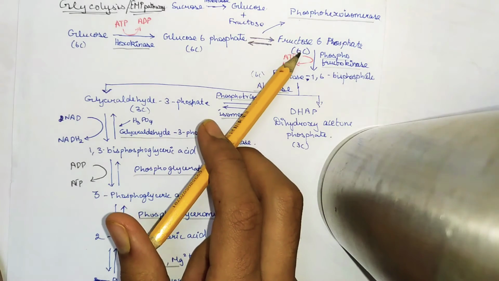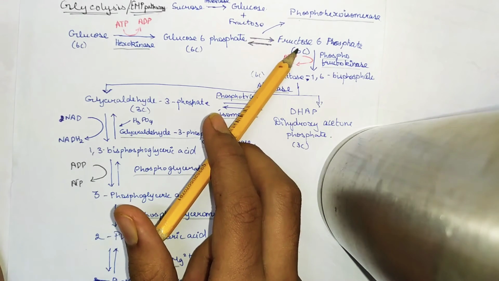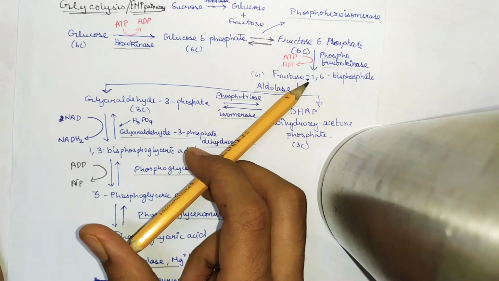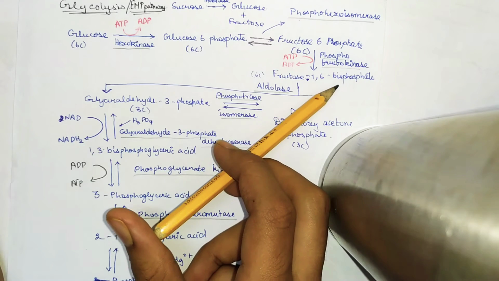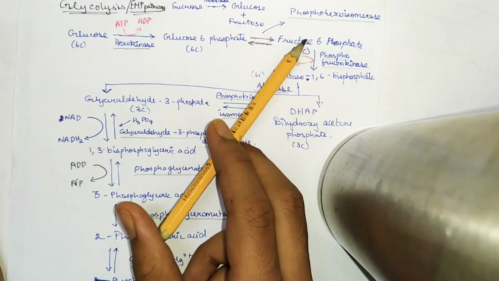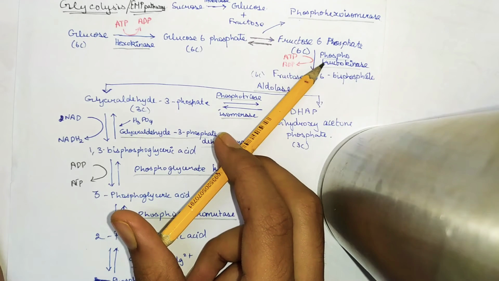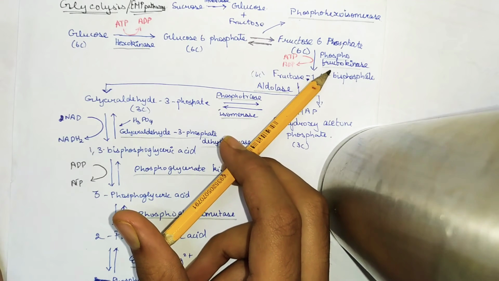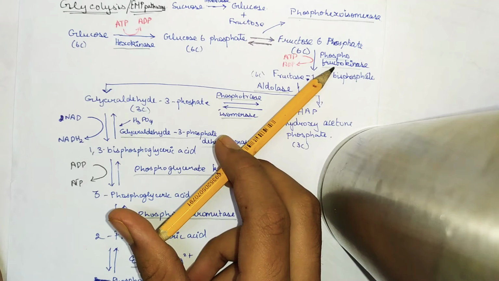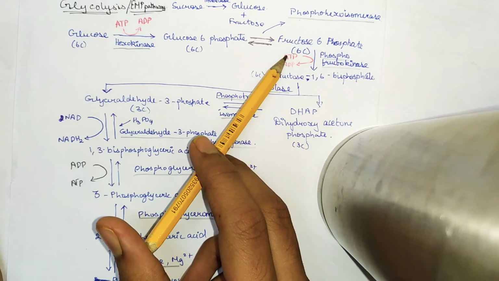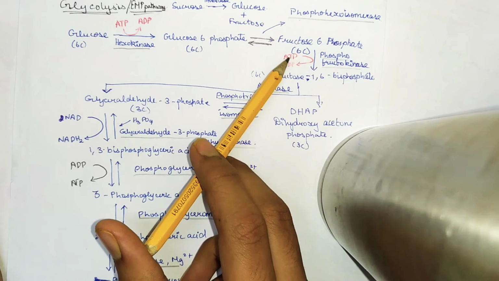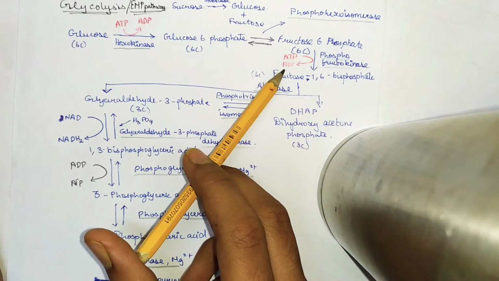Now this fructose 6-phosphate gets converted to fructose 1,6-bisphosphate, by the action of the enzyme phosphofructokinase. Again, there's a loss of energy. ATP is converted to ADP.